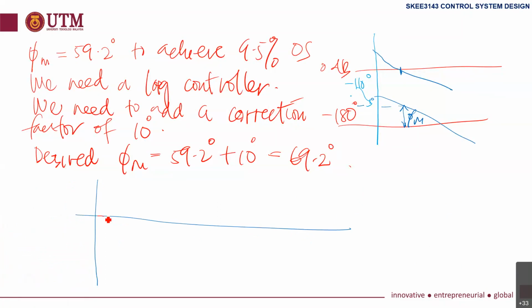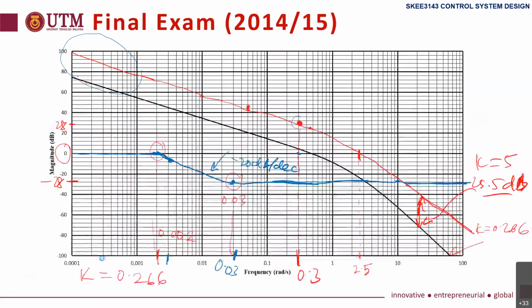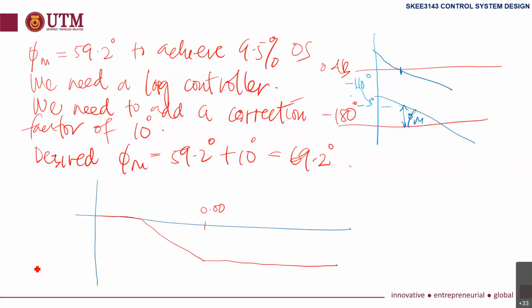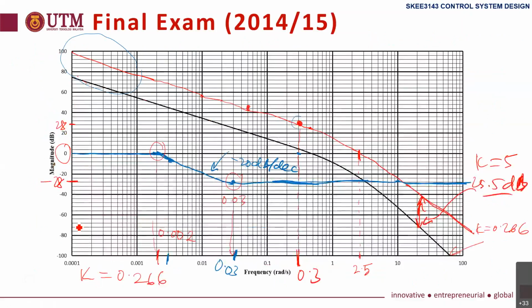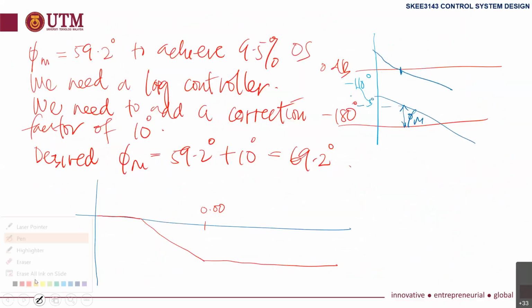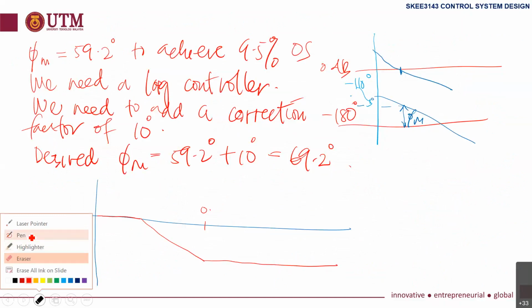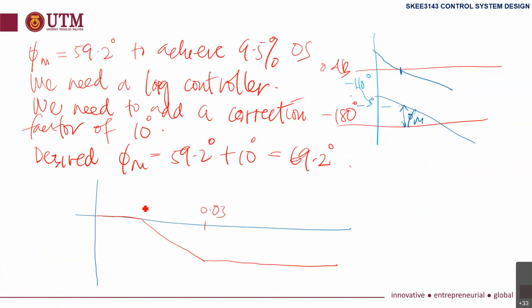It is like this, going down, and then maintain here. At this point is 0.03. Here is 0.002.